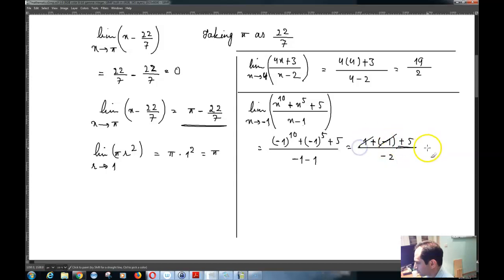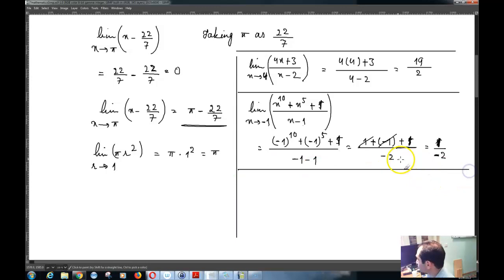These two will cancel out and you have 1 over negative 2. I'm sorry, this is a 1, and so you would get negative 1 by 2.